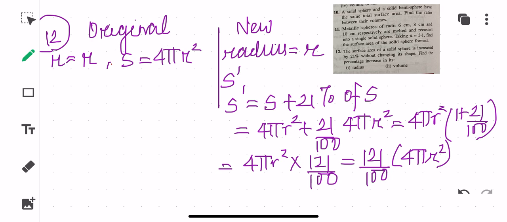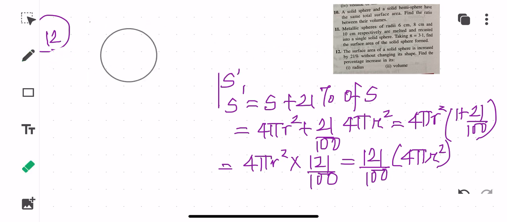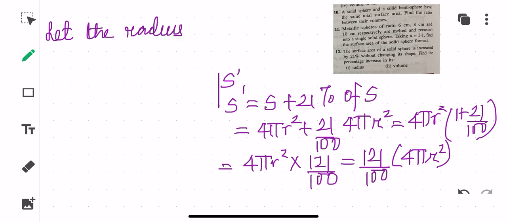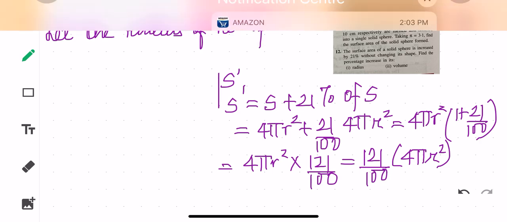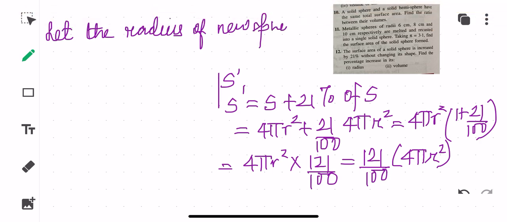Now we'll be moving into the new radius, children, because we are getting a completely new surface area. Okay, so now let the radius of the new sphere be r1. So this implies what, children?